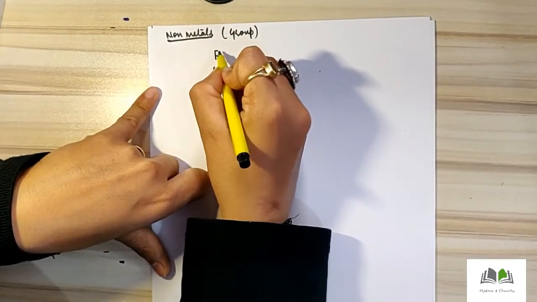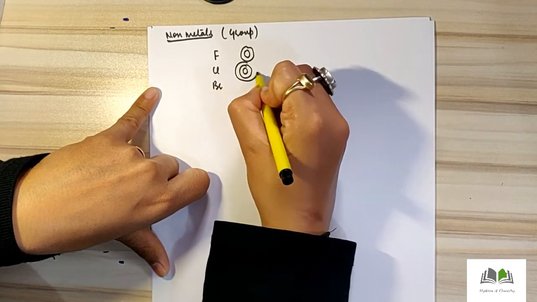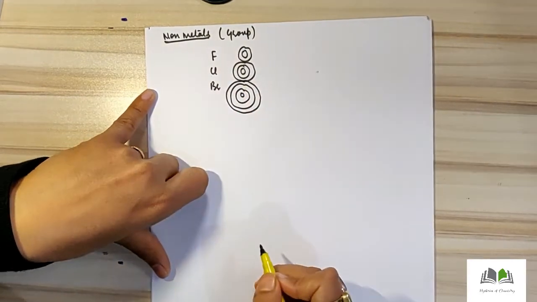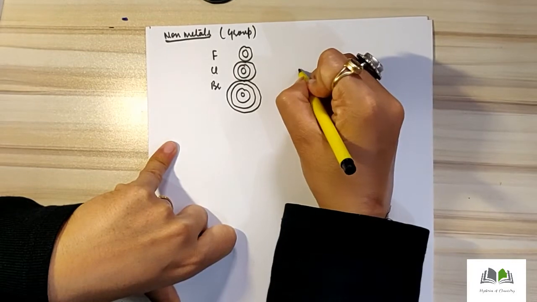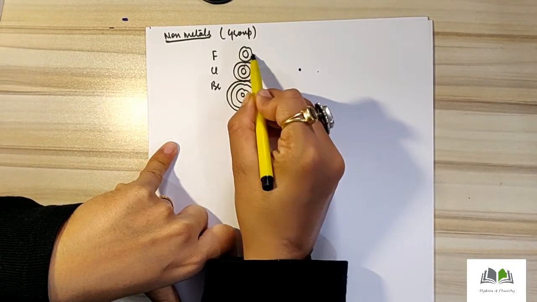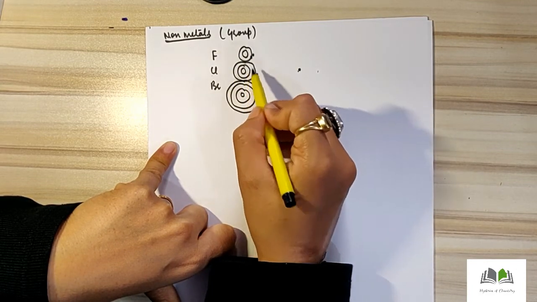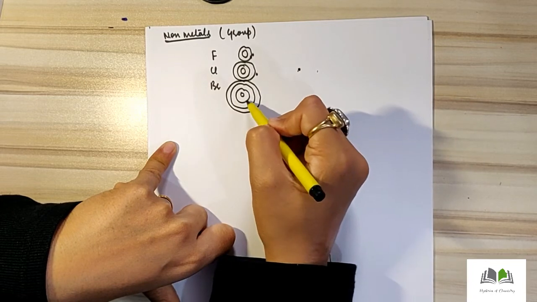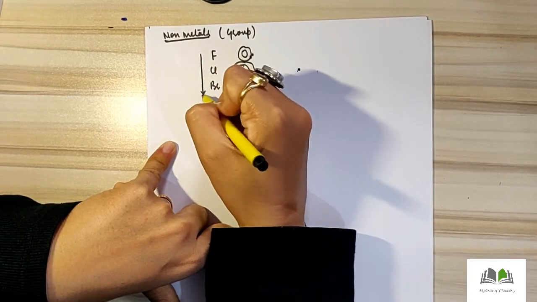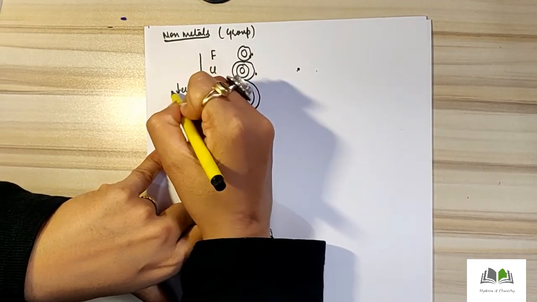Fluorine has 2 shells, chlorine has 3 shells, and bromine has 4 shells. Now in this case, smaller is the size of fluorine, so more electron affinity value will be there. In case of chlorine, the size will be more than that of fluorine, so the values will be less. And in case of bromine, the values are least.